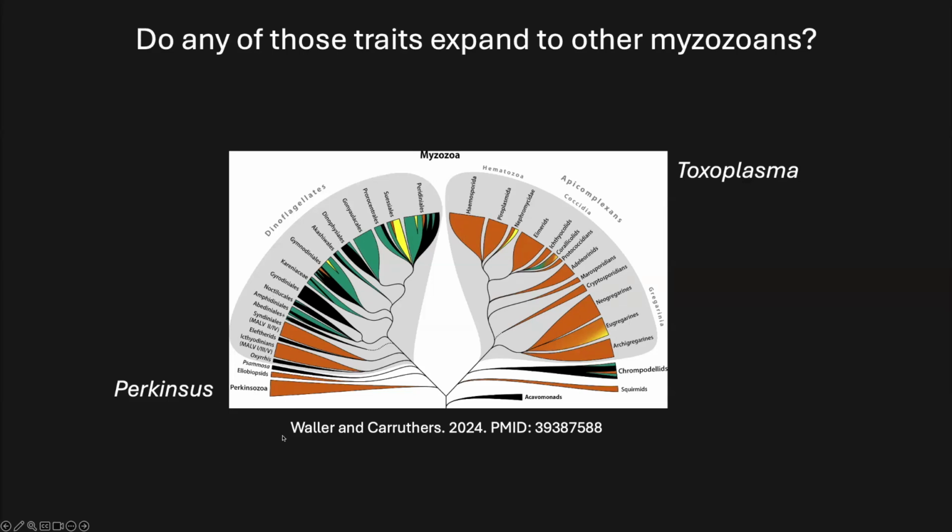And so in order to have a first stab at whether these new and clade-specific functions are more broadly conserved than Toxoplasma, we went to look at Perkinsus, which is all the way here on the tree. And so it would be realistic to suggest that if those traits are conserved all the way there, then they might apply throughout the tree.